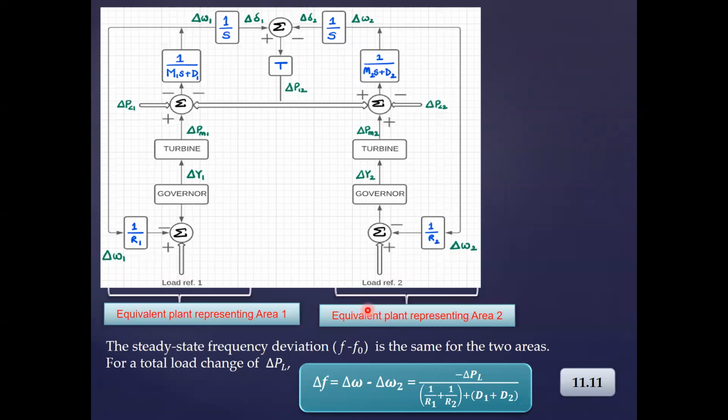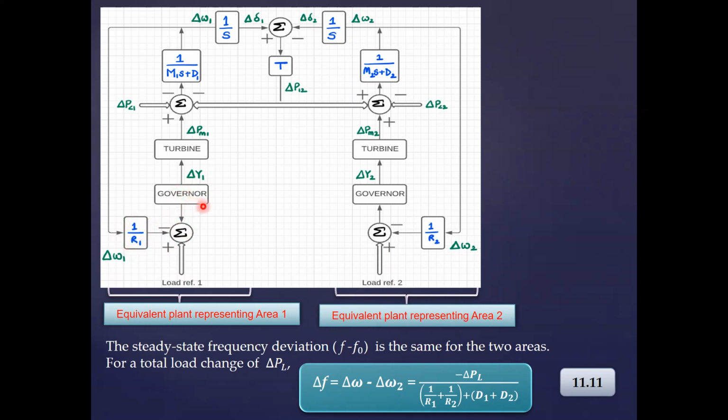And now, what you find here is the same way, the representation for the system. Here you can see the summation block. This one was the droop gain, you can say.